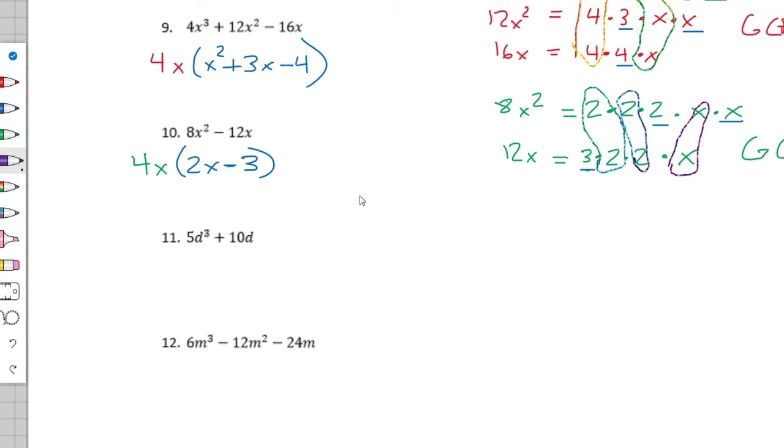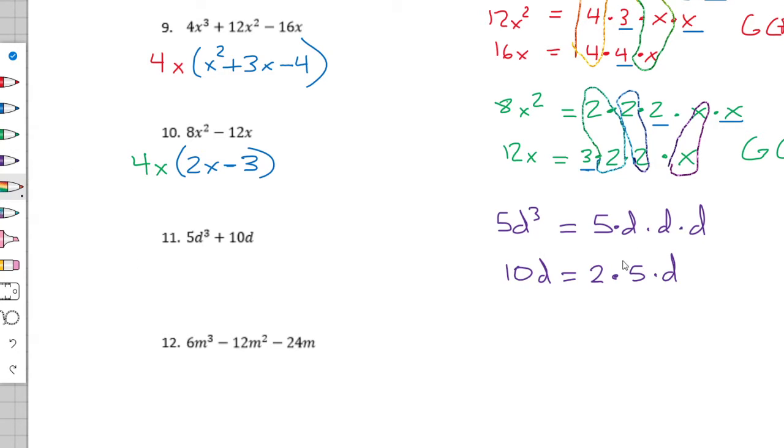Let's do this purple this time. So I'm going to write our terms out. 4d cubed, 10d. So our factors are 5d times d times d, and I should put the multiplications there. So for 10, that's 2 times 5 times d. And then circle what's in each term that is similar. So we got a 5 in both and a d in both.